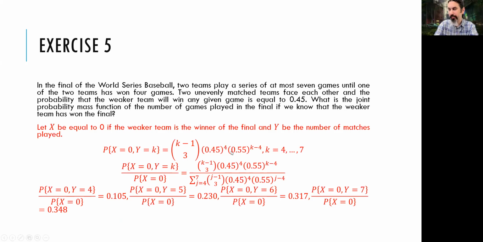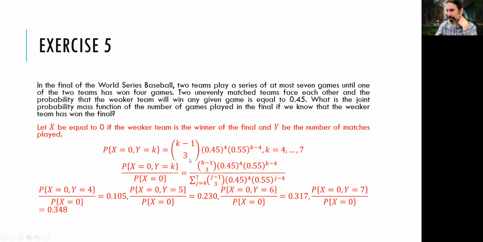And these values are just like a binomial random variable. You're going to have to win 4 times, and the other team is going to win k minus 4 times. So this is our joint probability. I'm also looking for the marginal probability of x equal to 0, which is the sum of all these values for each k value from 4 to 7.